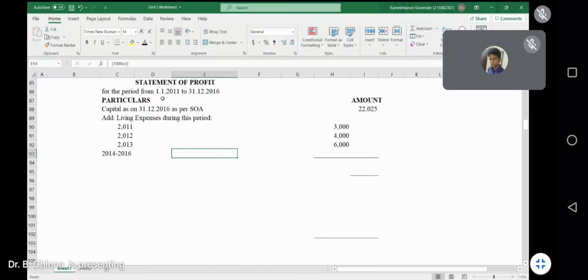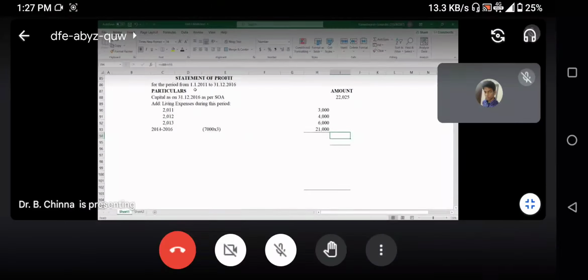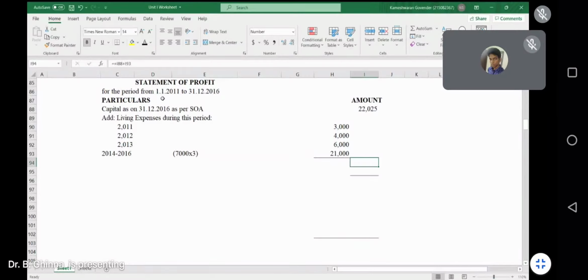Overall 7,000? No, sir, per annum 7,000. So it comes to 21,000. What is the total? Quickly tell me the total. 34,000. Perfect.